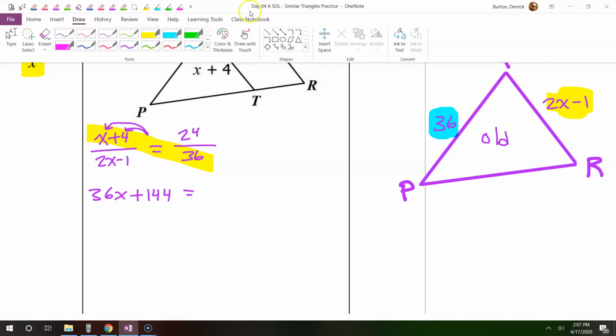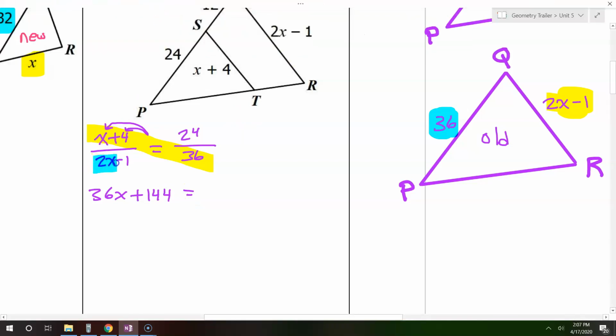All right, now let's do the other diagonal. And again, keep in mind we are doing the distributive property. We're multiplying 24 times 2x, and we're multiplying times negative 1. 24 times 2x is going to be 48x, and 24 times negative 1 is going to be negative 24.